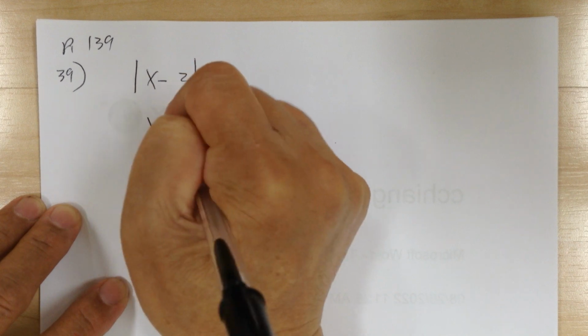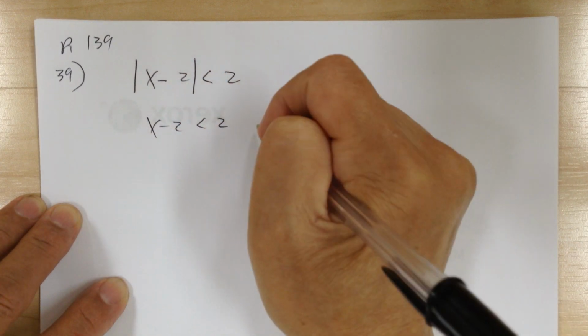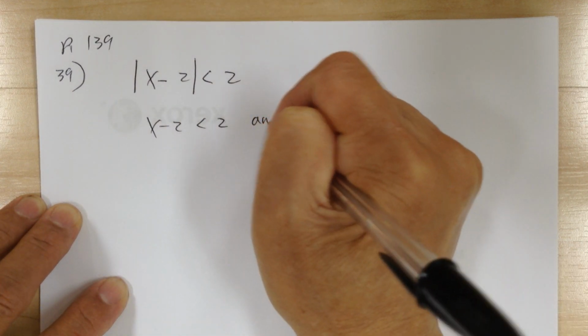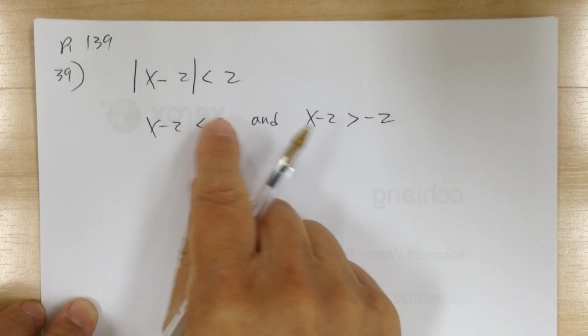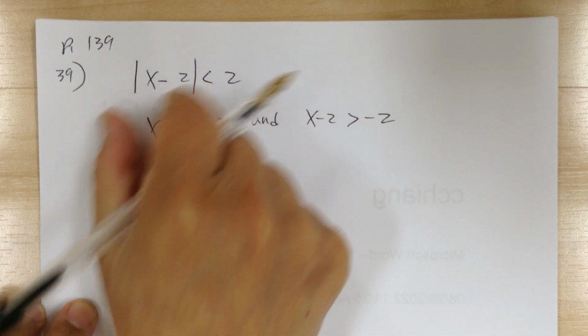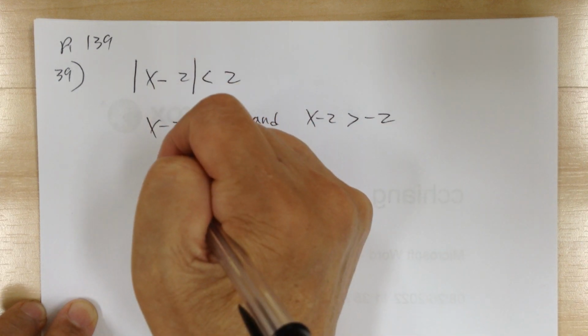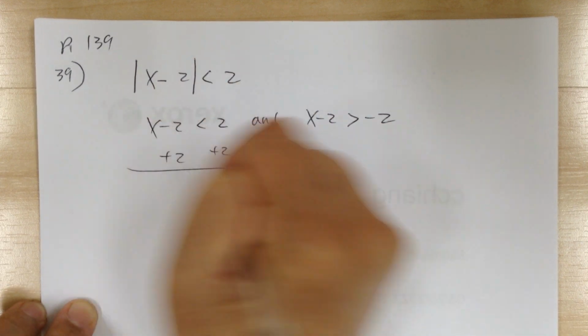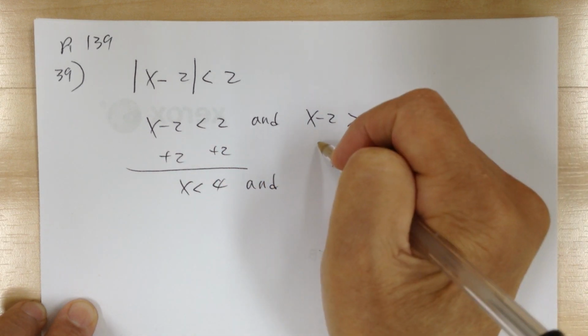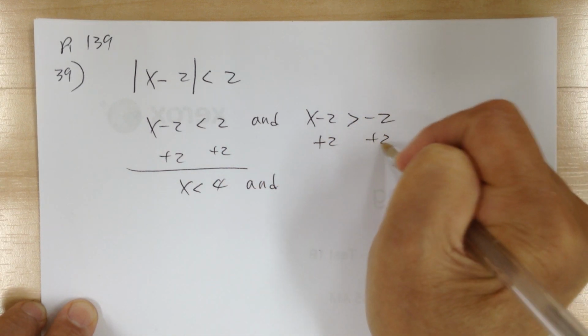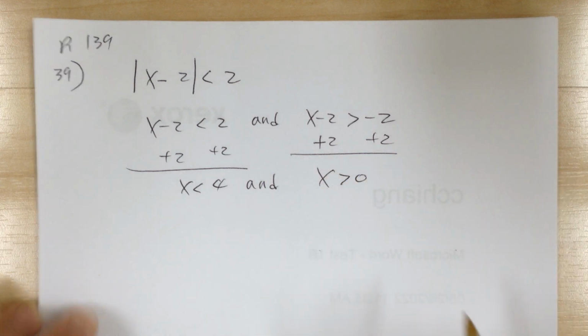You can have x minus 2 is less than 2, and it's "and": x minus 2 is greater than negative 2. So isolate the absolute value, separate into two, and then you can solve. Plus 2 on both sides, so x is less than 4, and plus 2 on each side, so x is greater than 0.